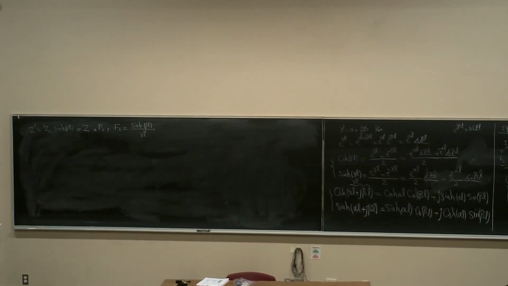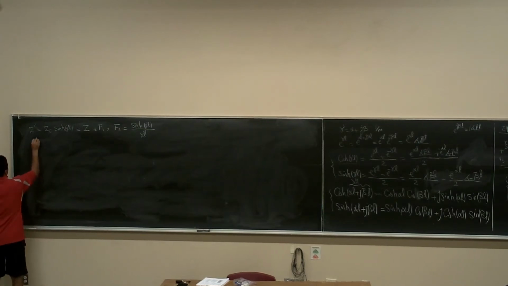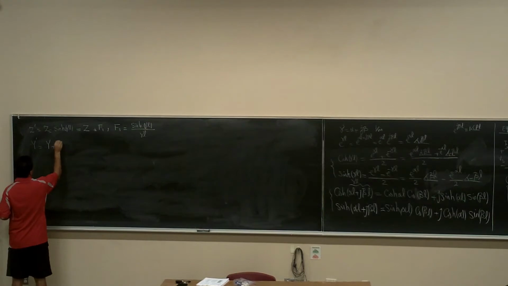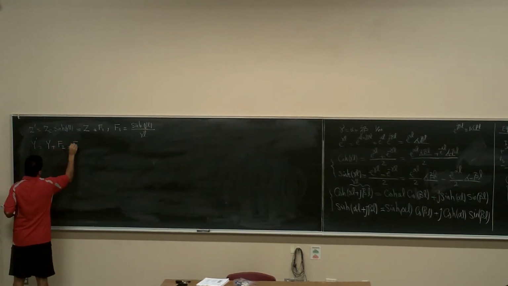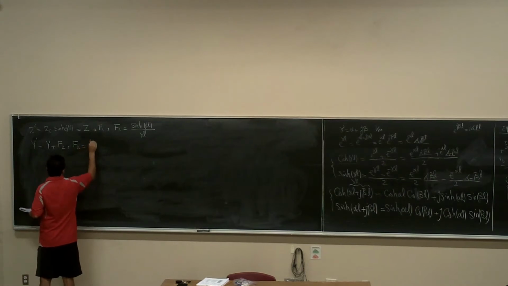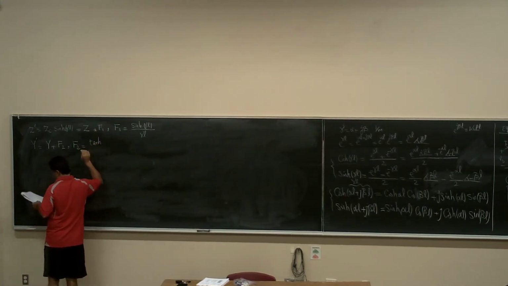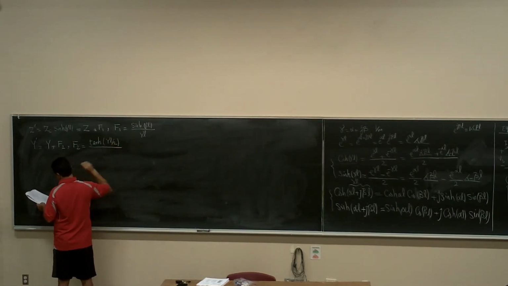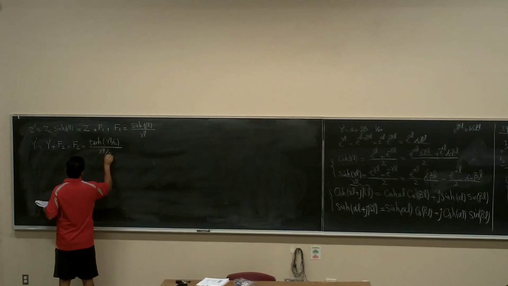If you do the same thing, I'm not going to go through the calculation. Y prime is going to be Y times F2, and F2 is equal to tan hyperbolic of gamma L over 2 divided by gamma L over 2.